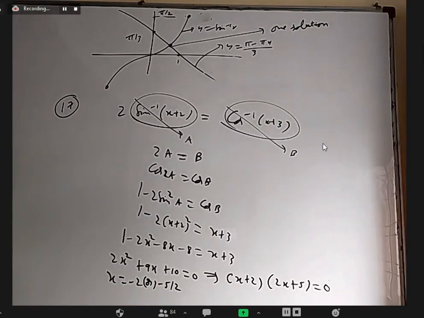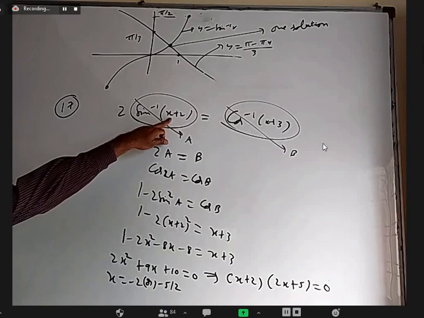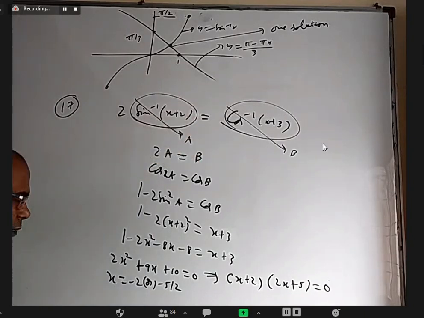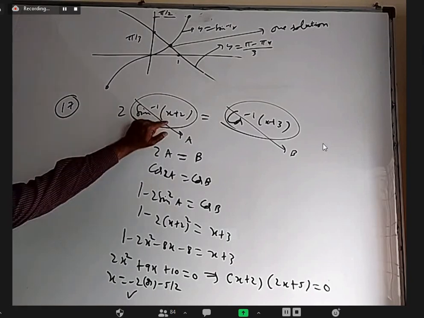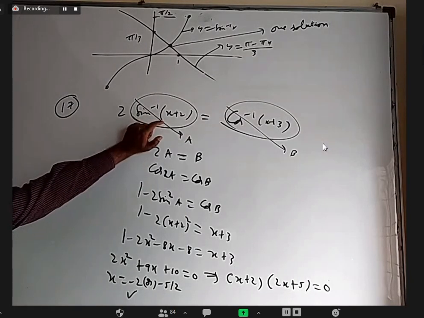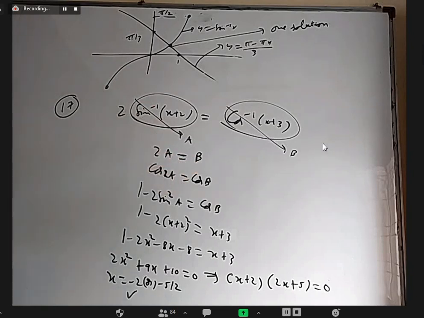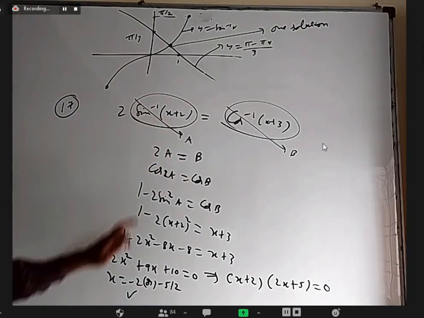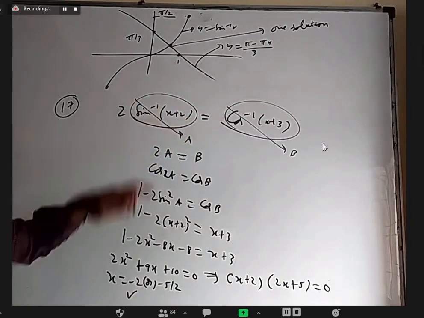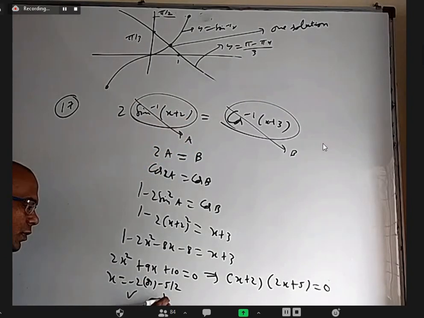Are both okay? When I put minus 2, this is 0, and that is cos inverse 1, that is also 0. So minus 2 is good. Minus 5 by 2: this is minus half, minus 30, minus 60. There it is plus half, plus 60. No, they are not equal. If I put a minus in here, the solution for that will be minus 5 by 2. This is not true.